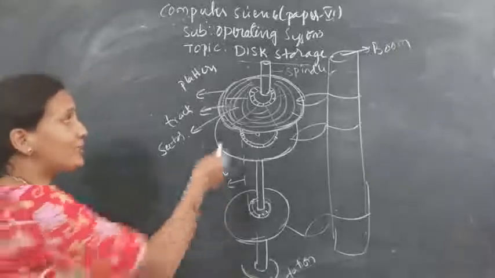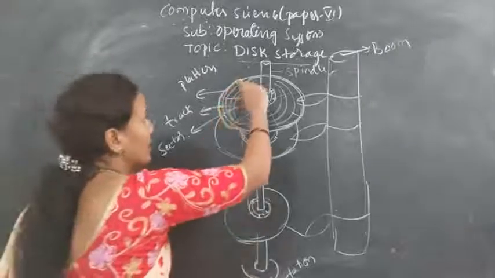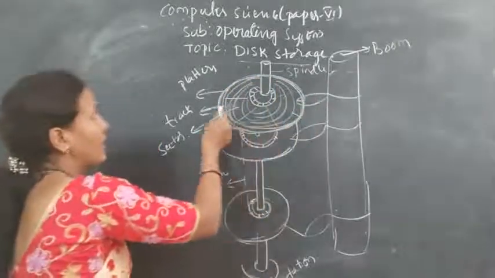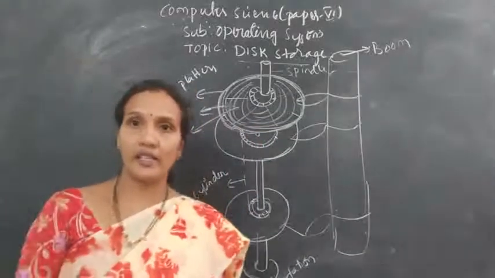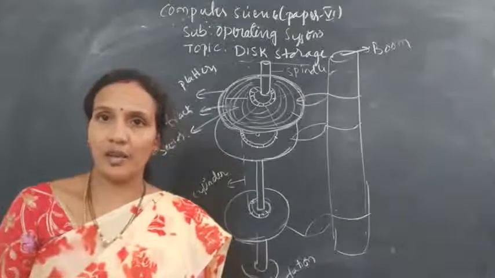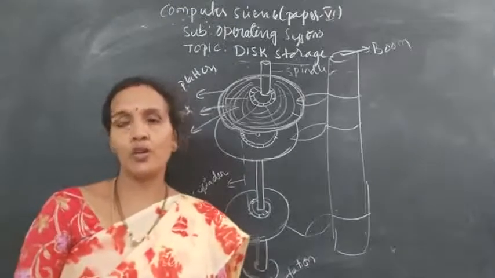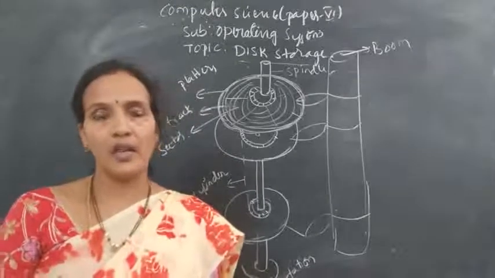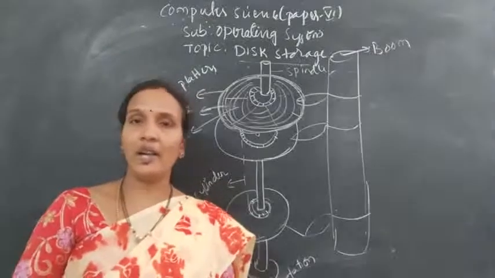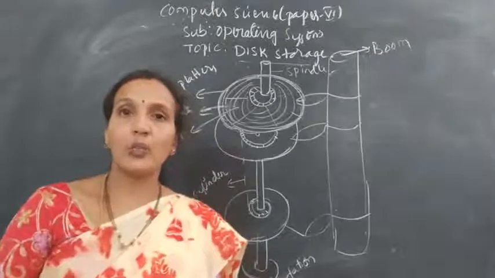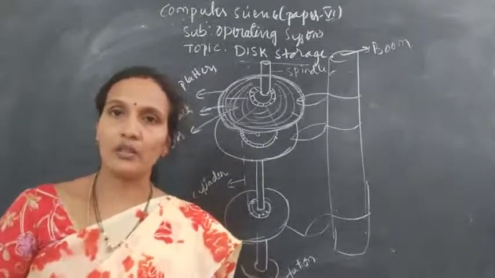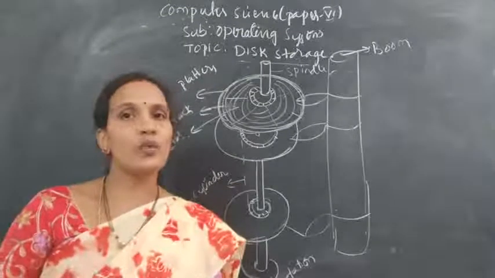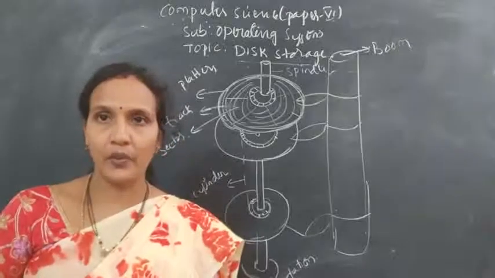This magnetized disc is called a platter. Magnetized discs are called platters, which are used to store the content in a hard disk. One hard disk may contain thousands of platters, so a huge volume of data can be accommodated.